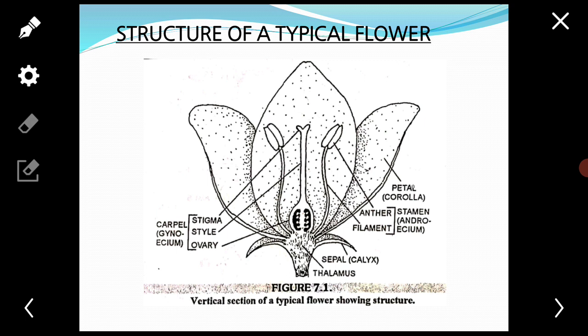Though the reproductive organs of some gymnosperms, for example Ephedra, Gnetum, etc., are also called flowers, the angiosperm flowers are characterized by the presence of carpels terminating in a stigma and the ovules enclosed within the ovary.